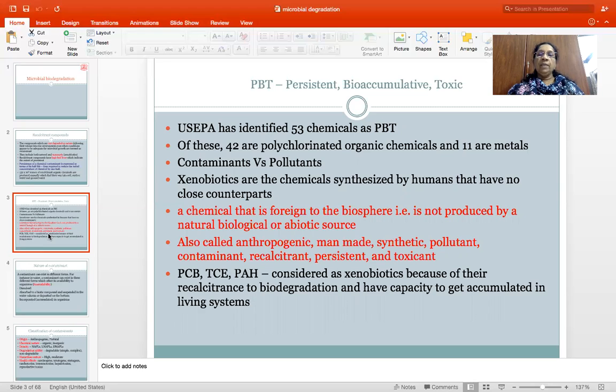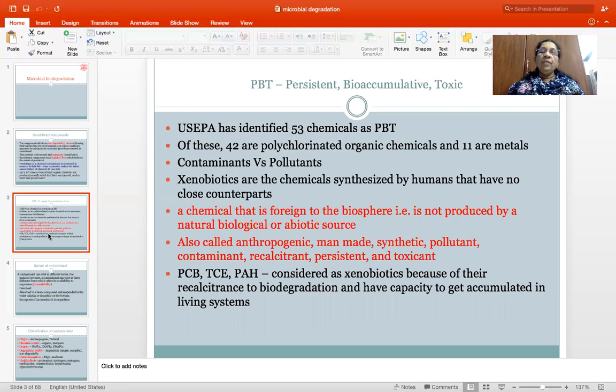Among these 53 chemicals, 42 are polychlorinated organic compounds and 11 are metals, particularly heavy metals. The polychlorinated organic compounds, as they contain chlorine, are very difficult to degrade. As you know, chlorine has a lot of electronegativity, so it resists degradation.